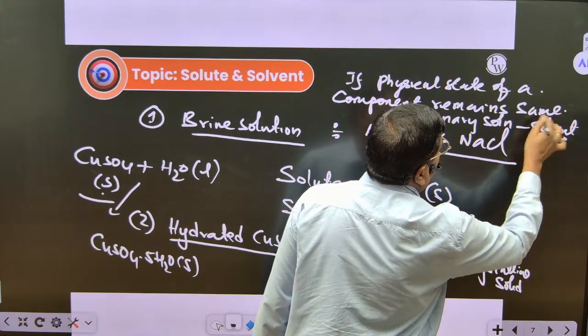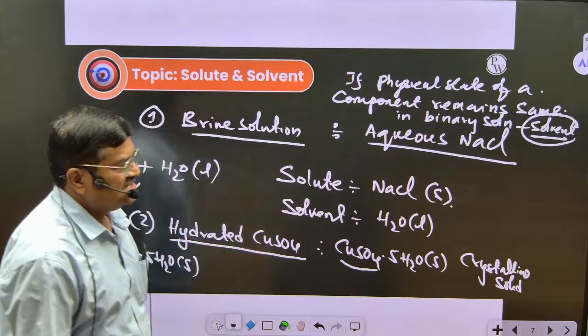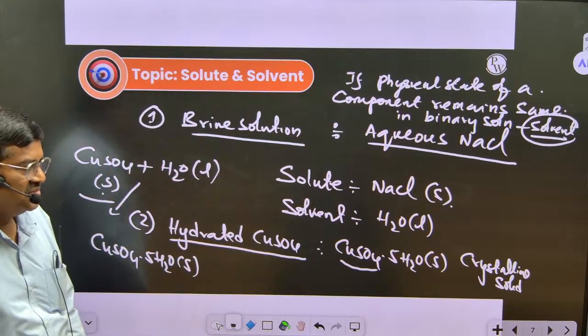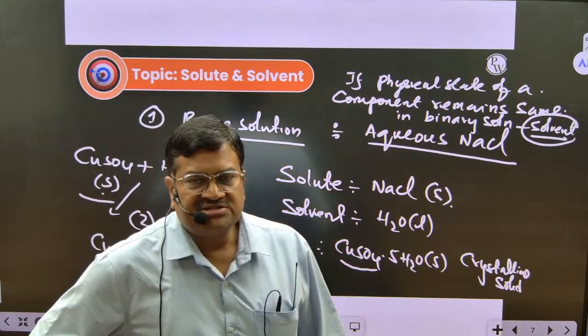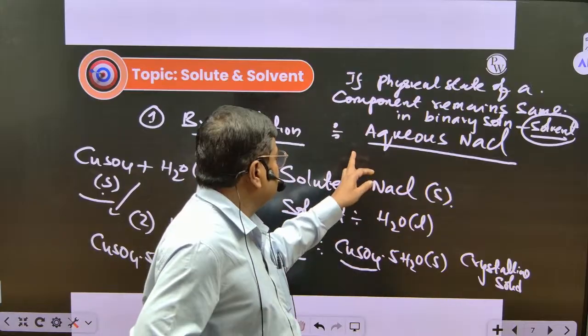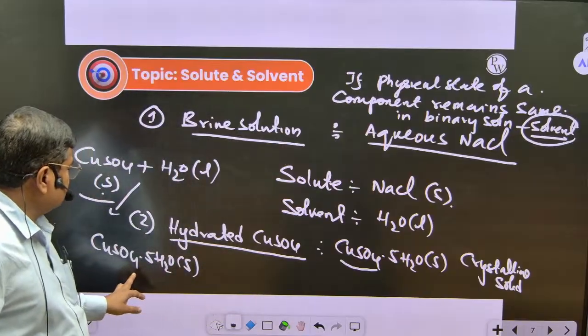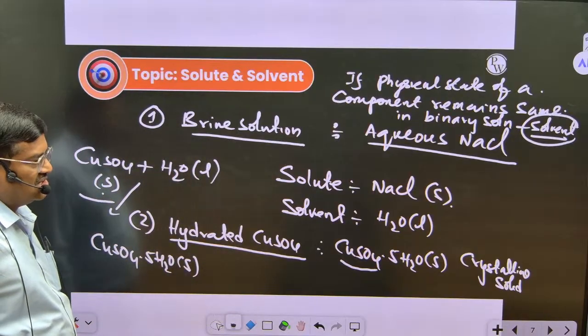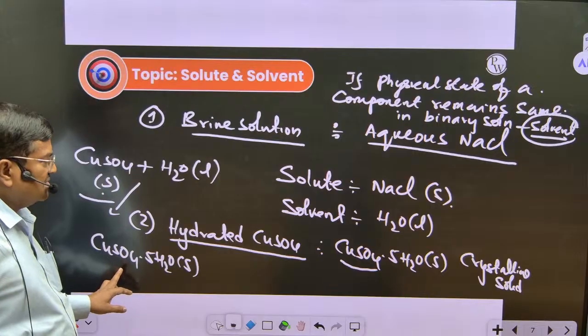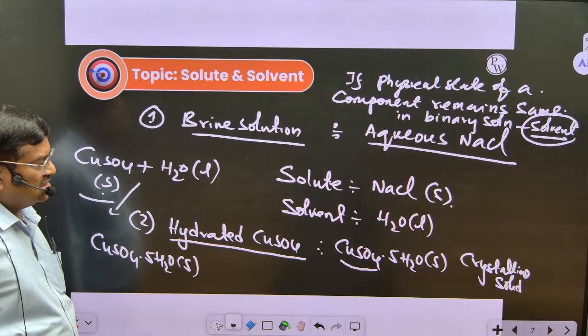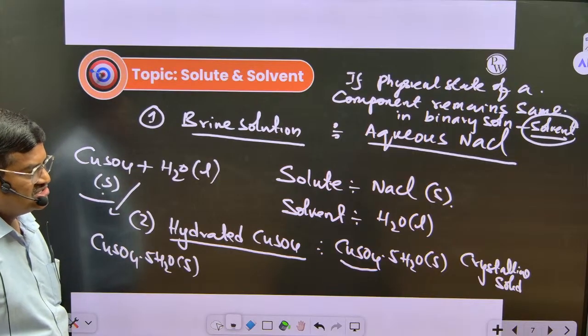Getting the idea? So in the two components, if the physical state of a component is not changing, that is taken as solvent. Initially copper sulfate is solid, and after dissolving in water it is in the same state. So copper sulfate acts as solvent, whereas water acts as solute. Hope you all understood.